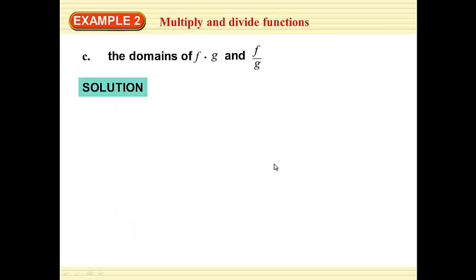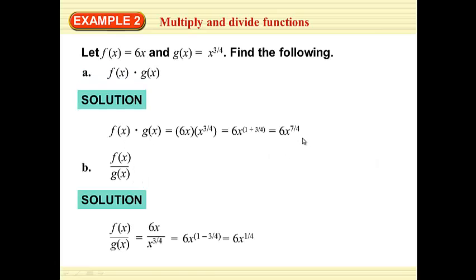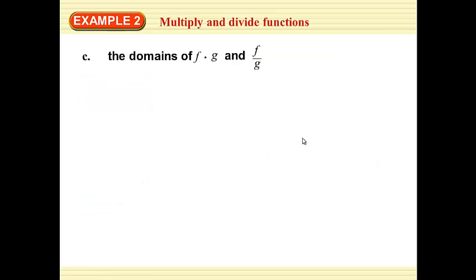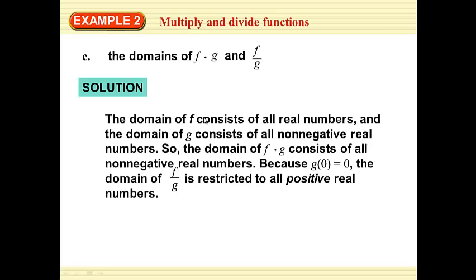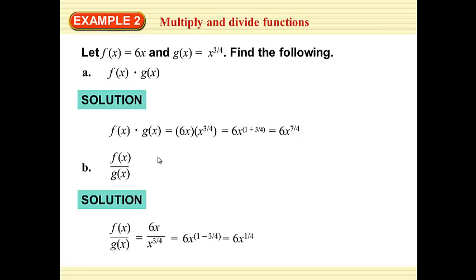The domains, all real numbers again because our exponent, well, let's see. The domain of f consists of all real numbers, and the domain of g consists of all non-negative real numbers. So the domain of the product of the two are all non-negative real numbers. So it's all values that work in both functions. Now, why are we not including negative numbers?